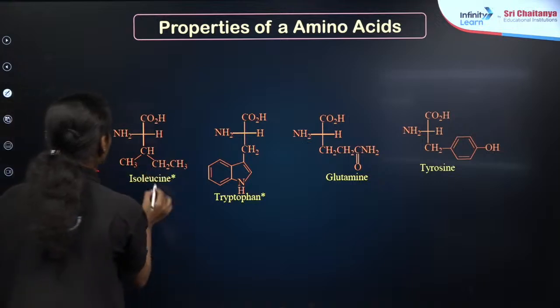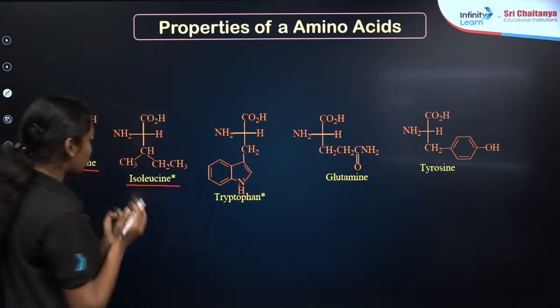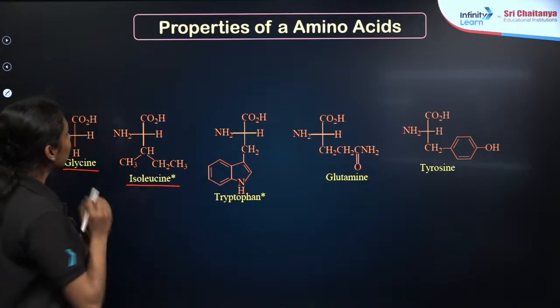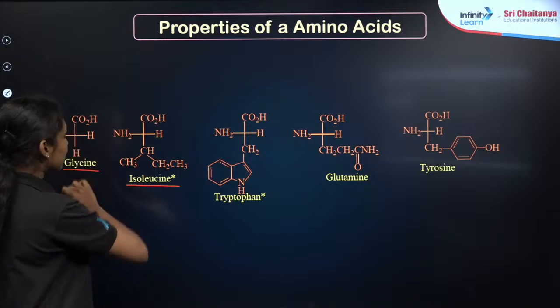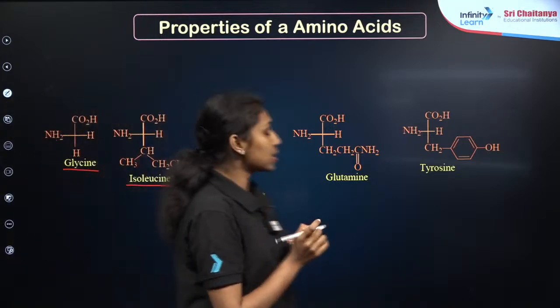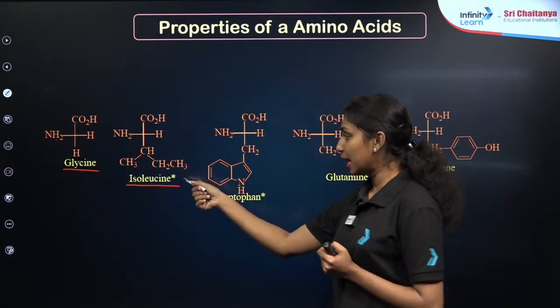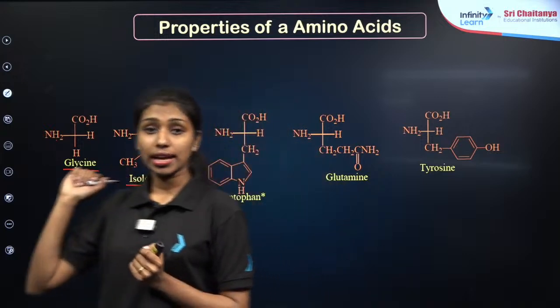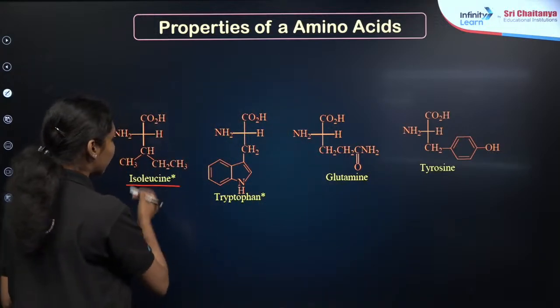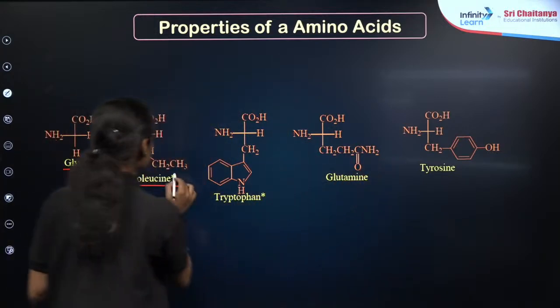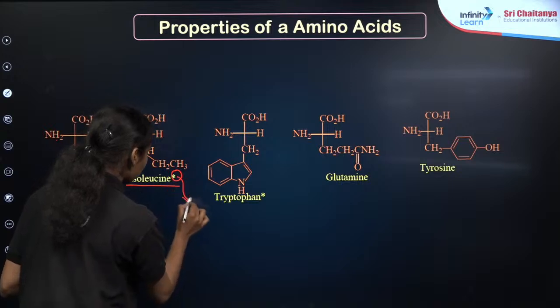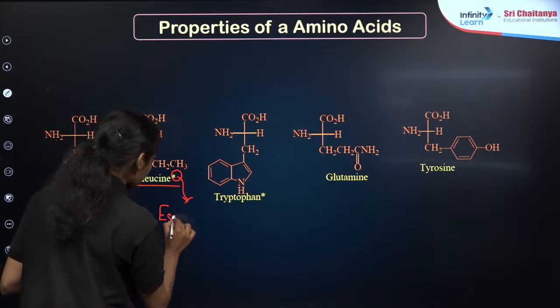Here is the next one, isoleucine. I have already shared the trick or mnemonic to find out the amino acids. Isoleucine is an important essential amino acid. Whenever I give examples here, the starred ones stand for the essential amino acids.